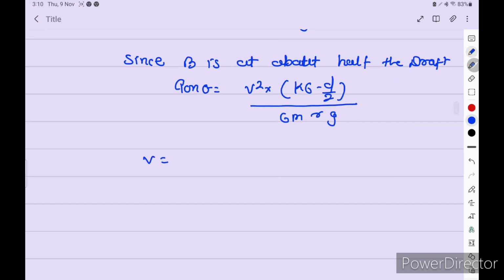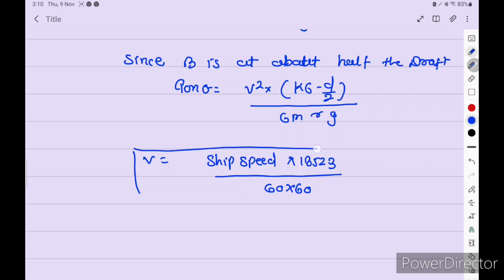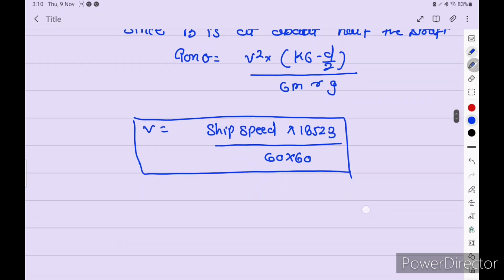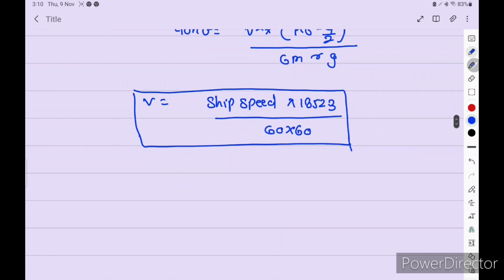We need to find out the v. So ship speed given in the question into 1852.3 divided by 60 into 60. This is converting speed to meter per second.